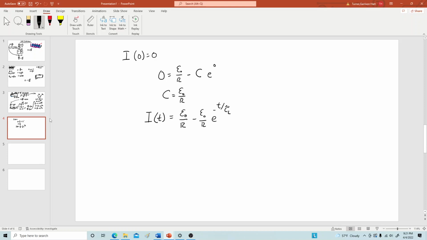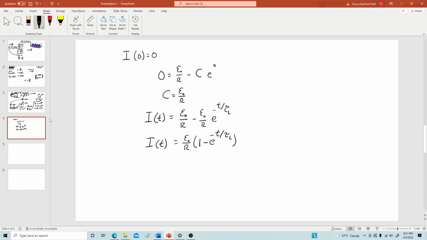I can factor out the epsilon naught over R.